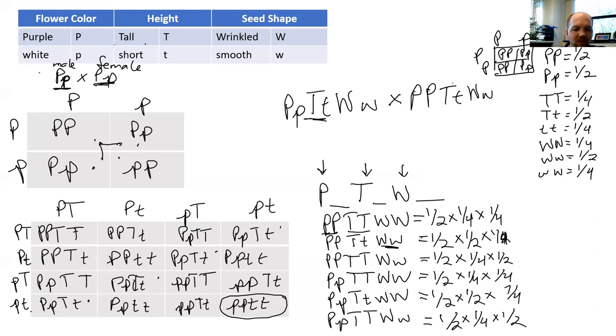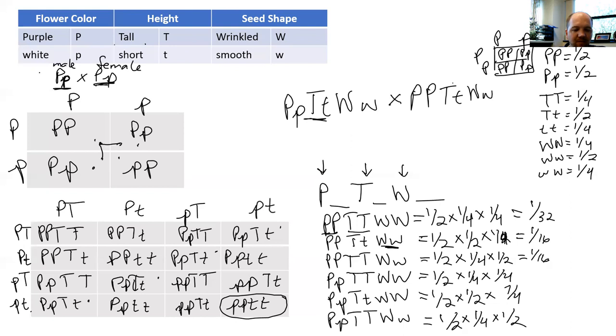So then we figure these out. So the first one, 1/2 times 1/4, that's 1/8. 1/8 times 1/4 is 1/32. Next one, 1/2 times 1/2 is 1/4 times 1/4. That's going to give us 1/16. The next one is going to be 1/2 times 1/4, which is going to be 1/8. 1/8 times 1/2, that's going to be 1/16.